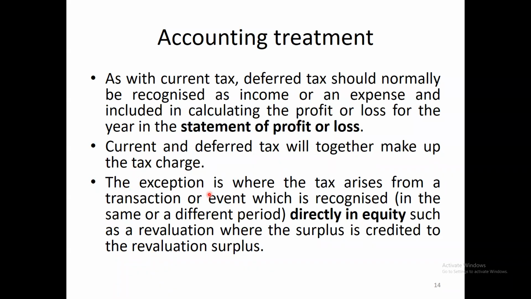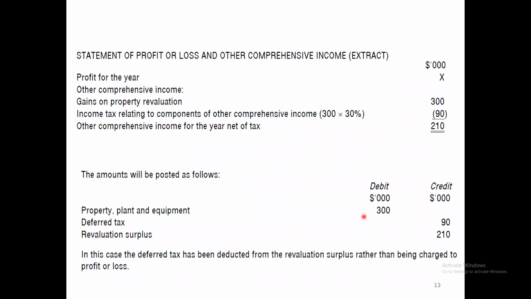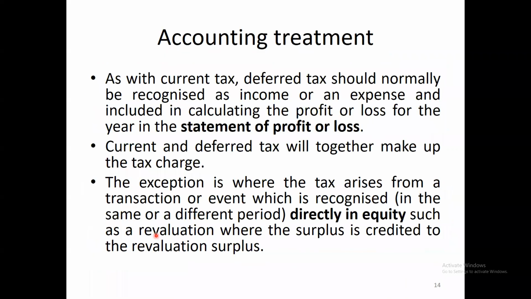The exception is where the tax arises from a transaction or event which is recognized, in the same or a different period, directly in equity. So in the previous example, it deals with the surplus account, which will impact equity, such as revaluation, where the surplus is credited to revaluation surplus.